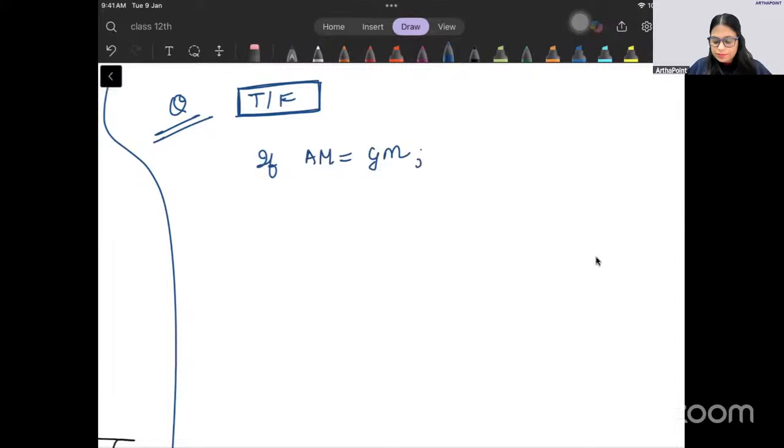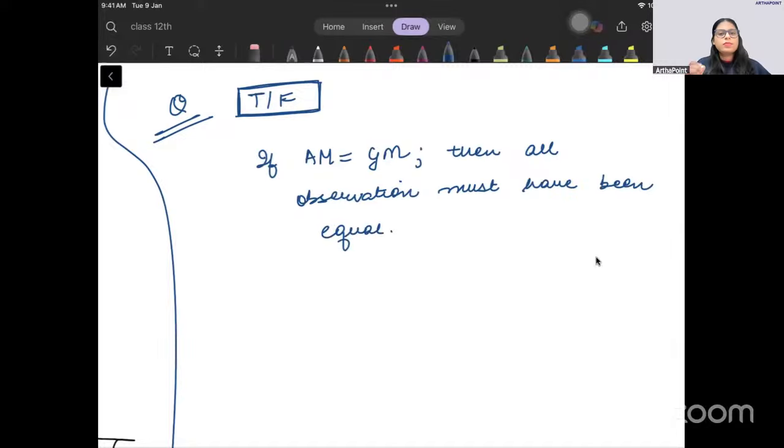Then all observations must have been equal. Think. By tomorrow, I will add a stats का MCQ book for all of you. Practice that, huh? Before your exam, वो जरूर करके जाना है.